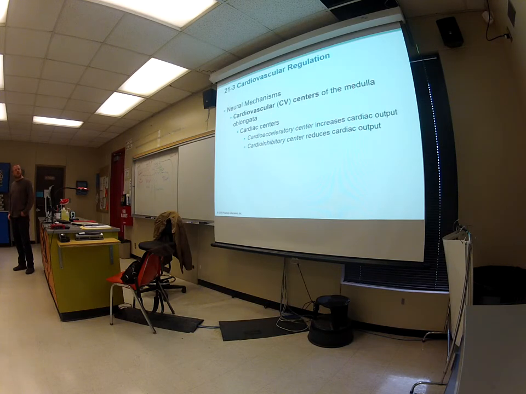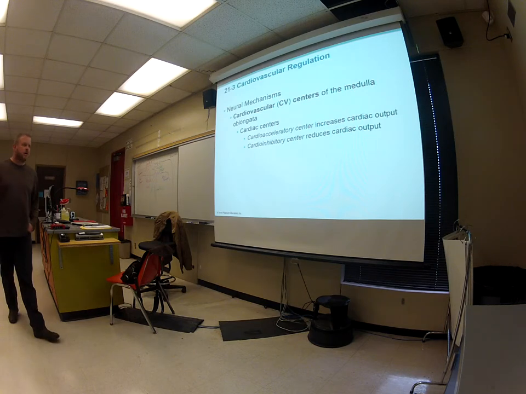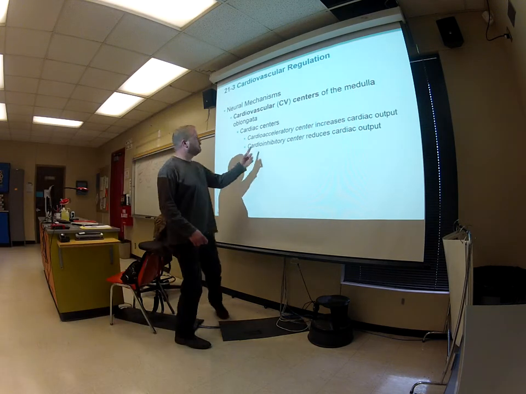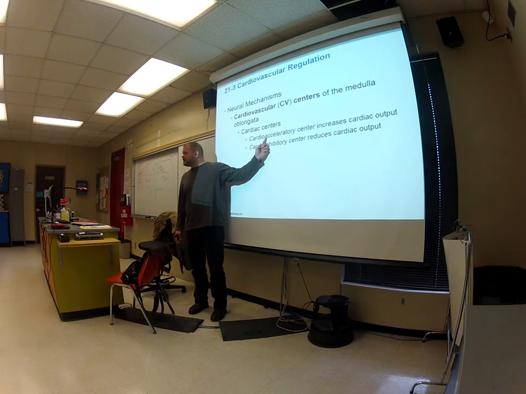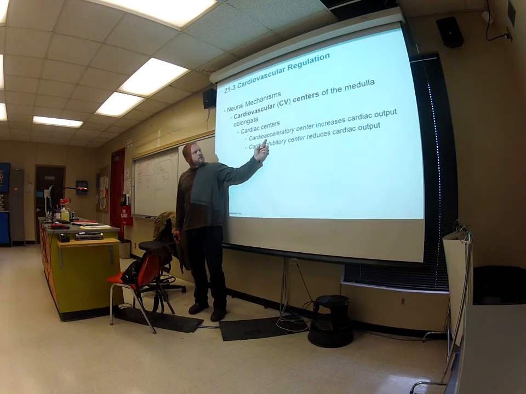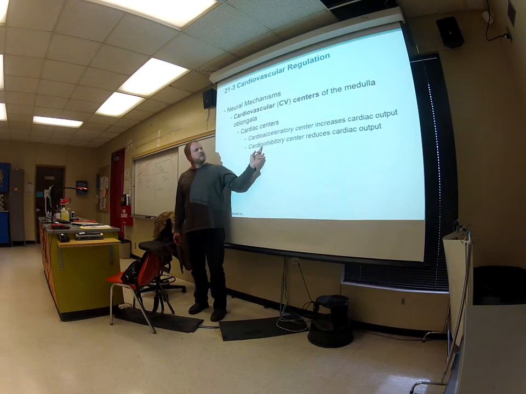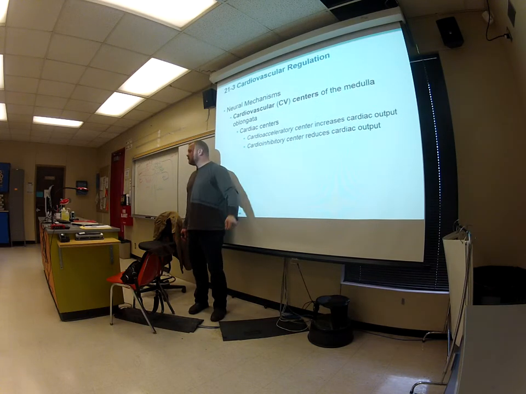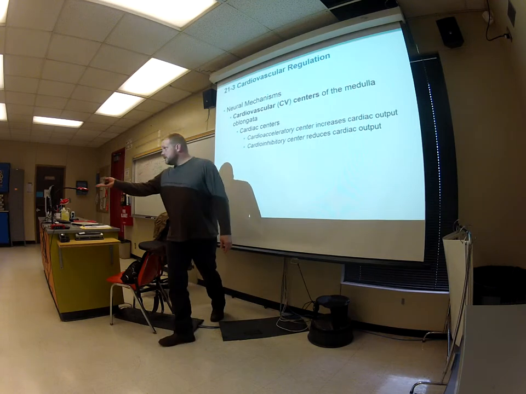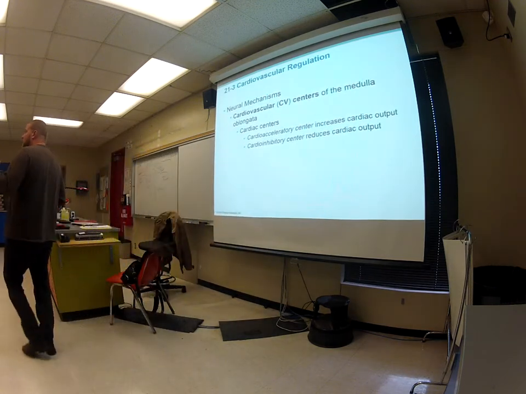So, cardiovascular centers. Now, this is the last slide we'll do today, but let me point something out. Cardioacceleratory centers increase. Cardioinhibitory centers decrease. So, what did we just talk about?